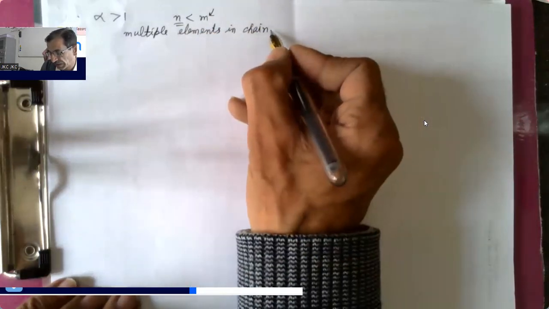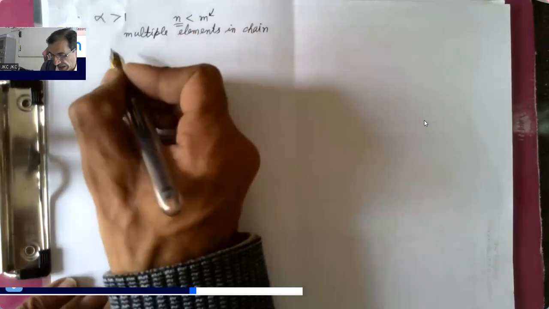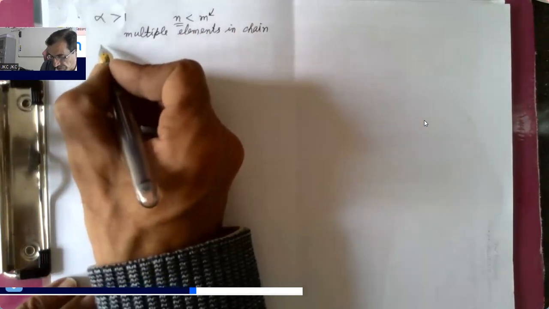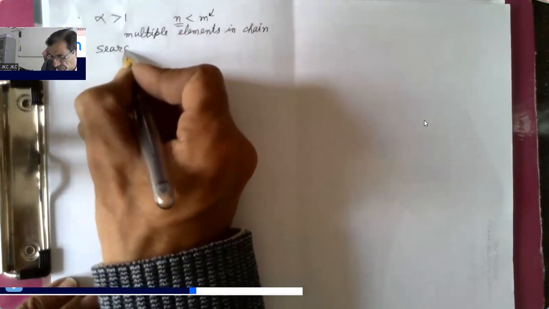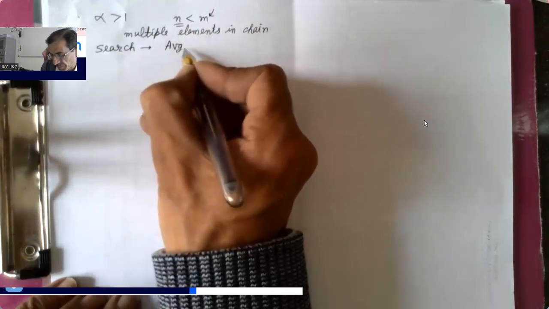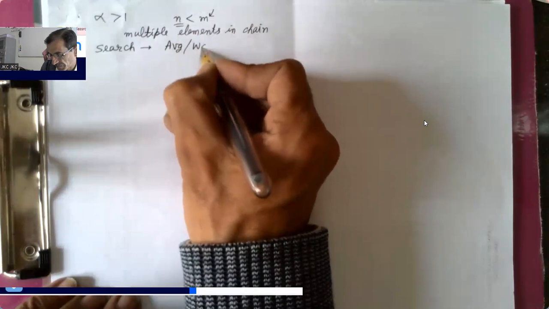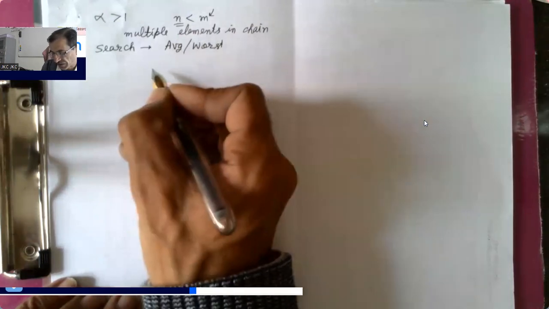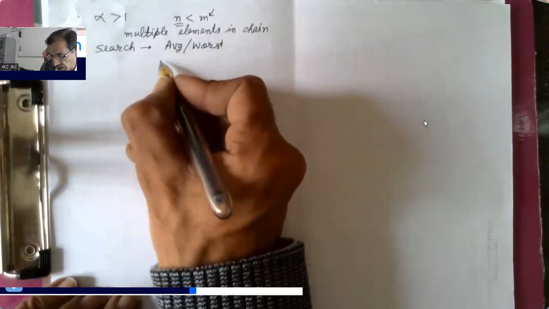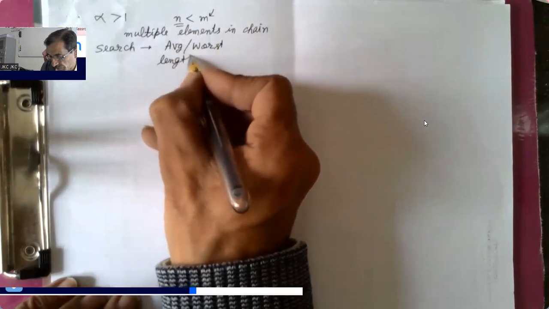So multiple elements in the chain. In that case, on average, what will be the search time? For the average case or even the worst case, searching will depend on the length of the chain.